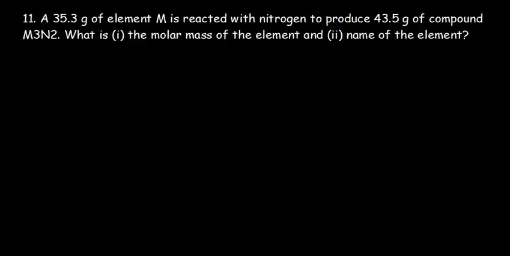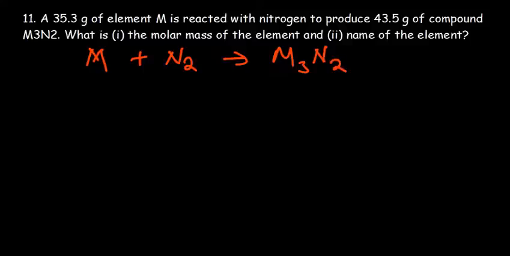A 35.3 gram of element M is reacted with nitrogen to produce 43.5 grams of the compound M3N2. So take note, we have M reacting with nitrogen, which we know exists atomically, to give us the compound. So the information we've been told is the element M was weighing 35.3 grams.